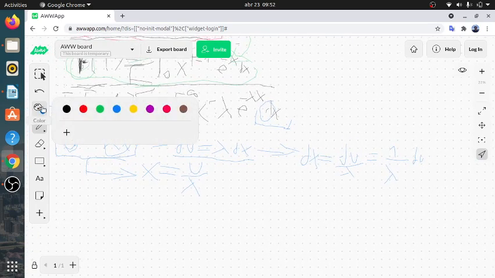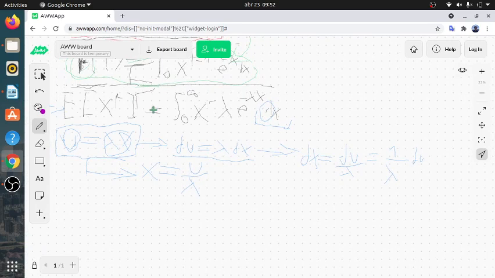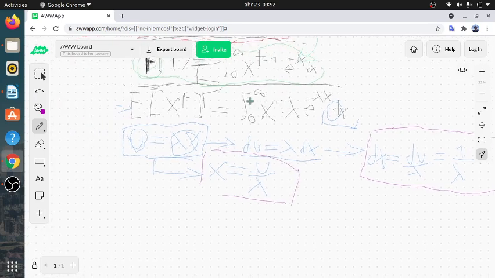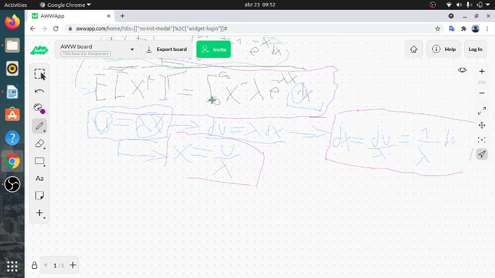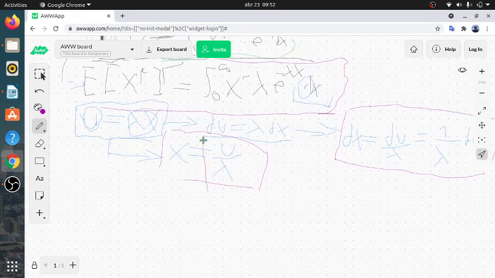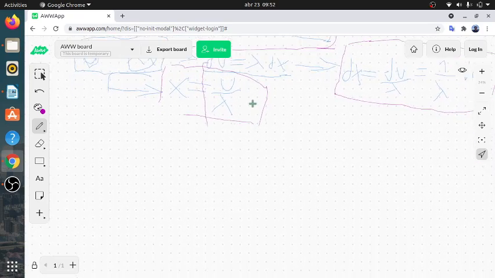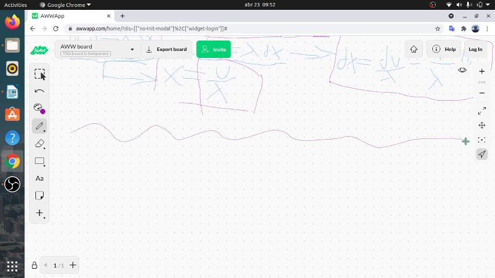So what we are going to use right now are these two identities, these two formulas, and we are going to use them on this. So let's see what we get right now. So let's go.